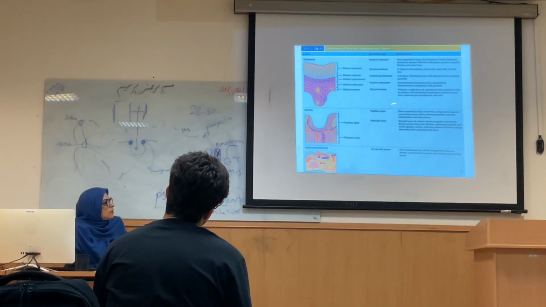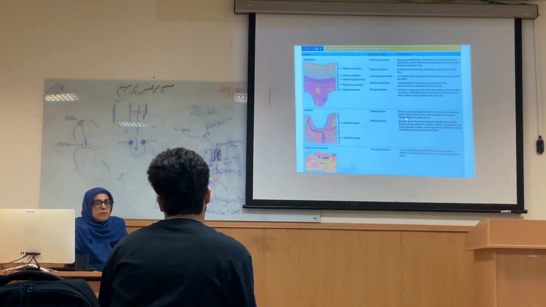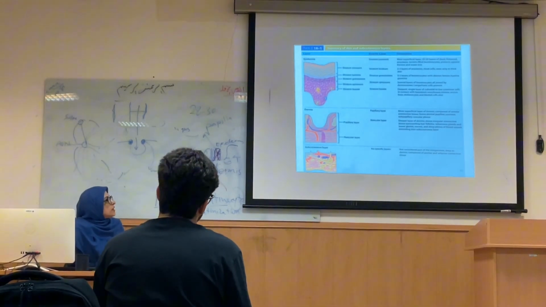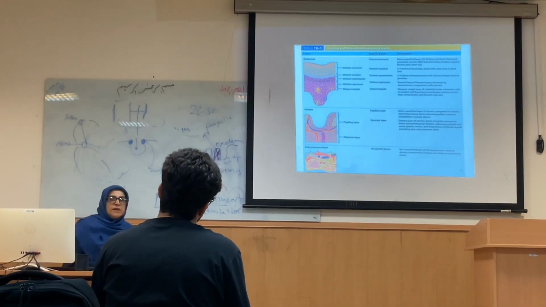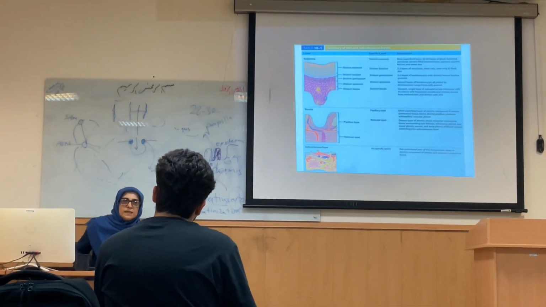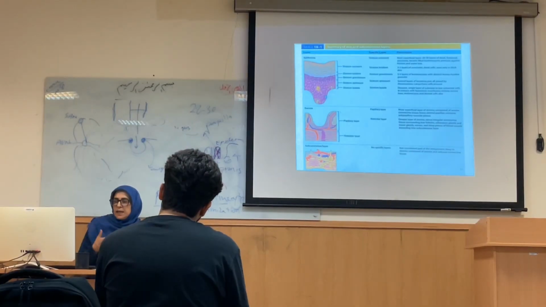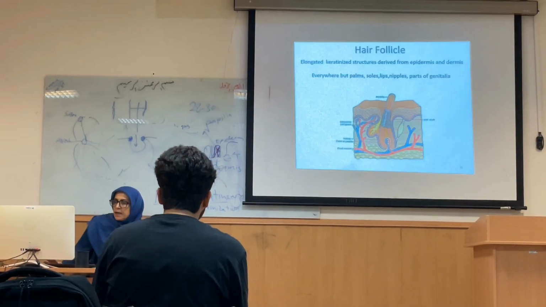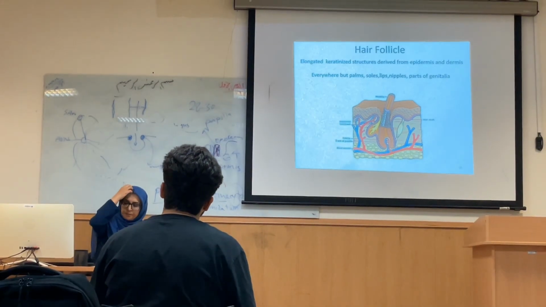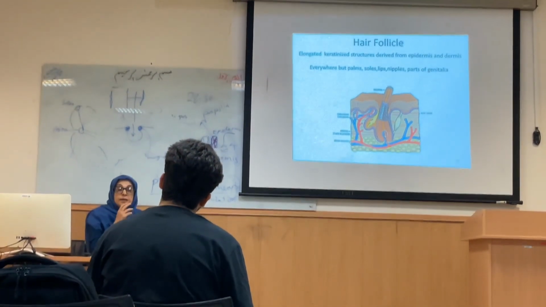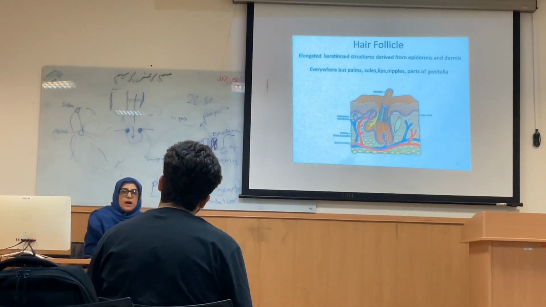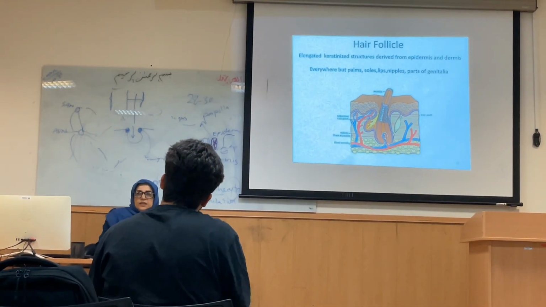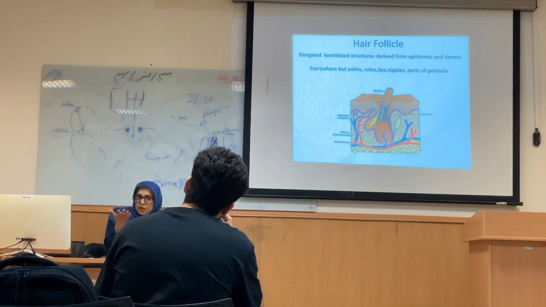Most of the structures are in the dermal layer, and the hypodermis doesn't have any specific structures, and the epidermis has different types of cells in different layers with different functions. In the dermal layer, there are some structures by which we can distinguish thin skin and thick skin from each other in histology.